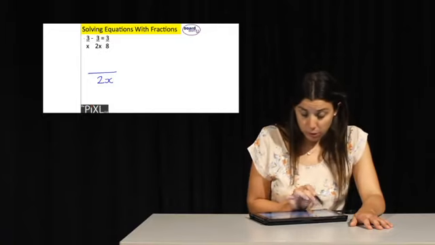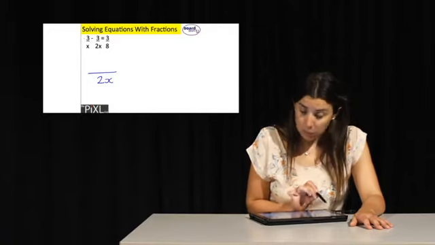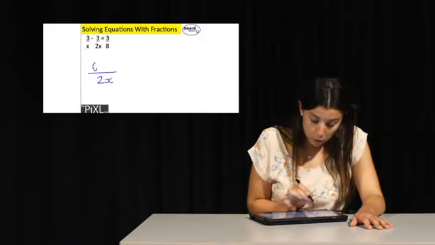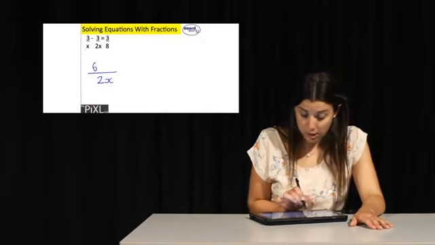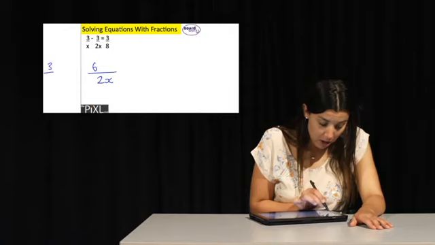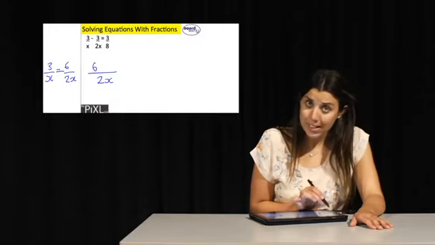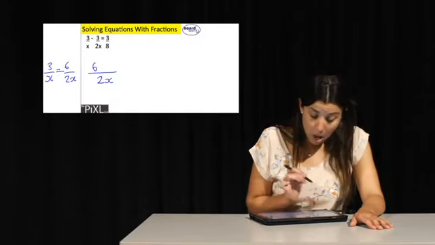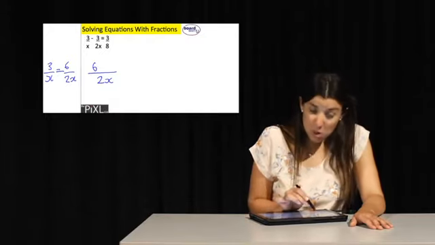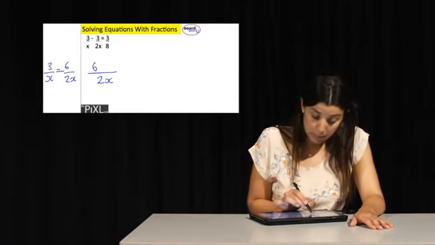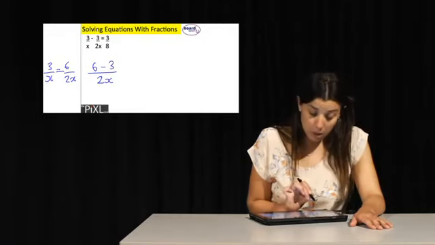So our first numerator of 3 here is over x. So we must multiply that by 2 to be able to get our common denominator of 2x. So we have 3 over x is the same as 6 over 2x, because we've multiplied the numerator and the denominator by 2. Our second fraction is already over 2x, so it's simply minus 3.